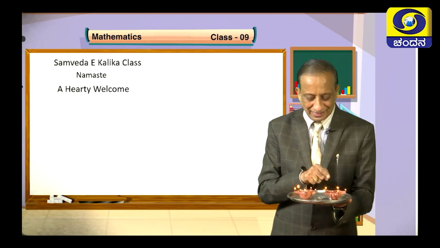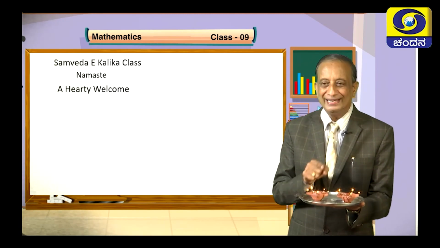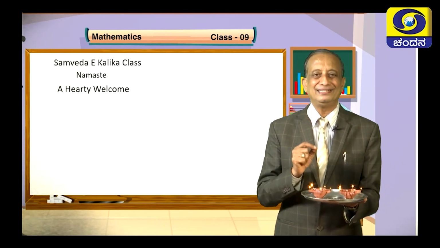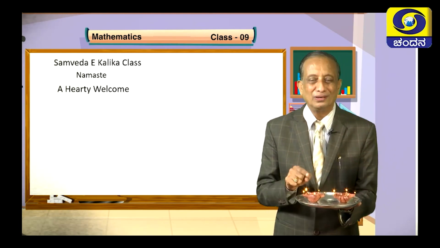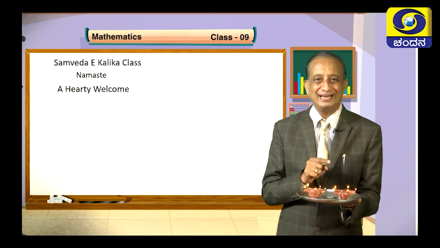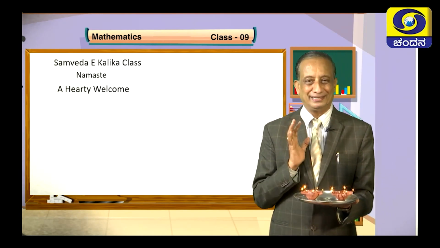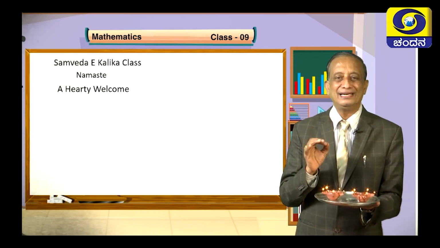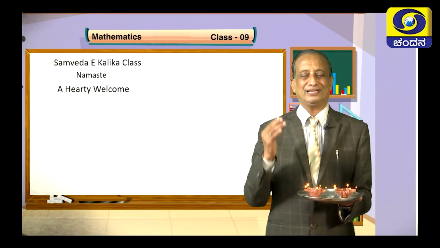So these two are identical in all respects. In science and mathematics, we call such a pair of objects congruent. Congruent objects means identical in all respects.